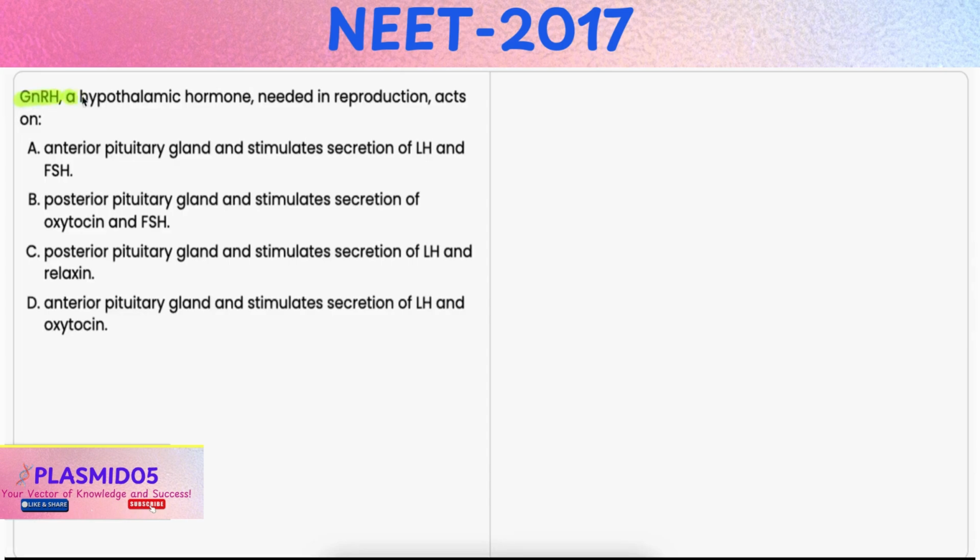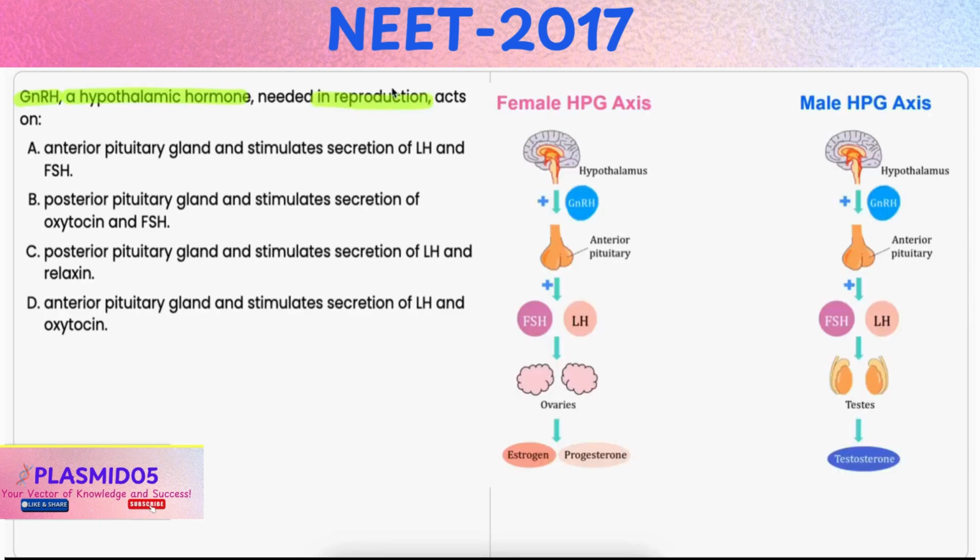GnRH, which is a hypothalamic hormone, is needed in reproduction and acts on option A, anterior pituitary gland, and stimulates secretion of LH and FSH. Now, gonadotropin releasing hormone, that is GnRH, is secreted by the hypothalamus and stimulates the anterior pituitary gland to release two hormones.